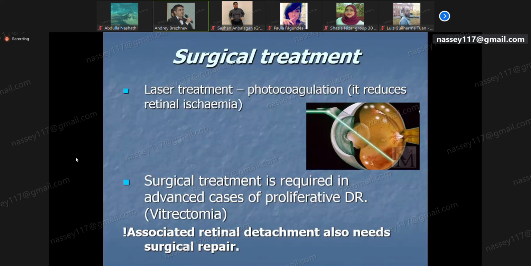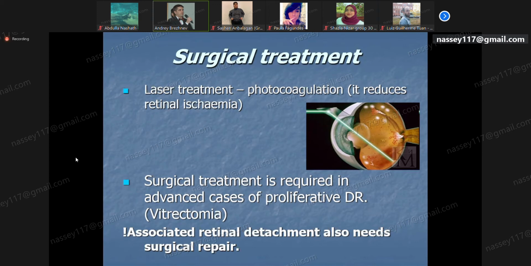Laser treatment or photocoagulation in form of panretinal or focal coagulation. Panretinal means that we coagulate all the surface of the retina, local or focal, only several areas. So laser treatment is indicated in severe cases and in the stage of proliferative diabetic retinopathy. Such a treatment, based on burning of the retina in different areas, may reduce retinal ischemia.